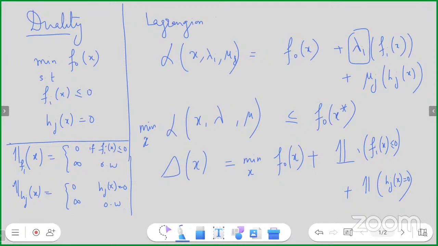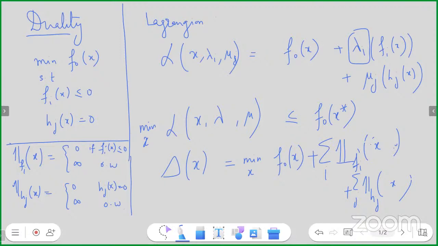Anything wrong there? The definition, there is a problem. So this should be written as the summation over i of the indicator of f_i(x) plus the summation over j of the indicator of h_j(x). Now they're comparable.